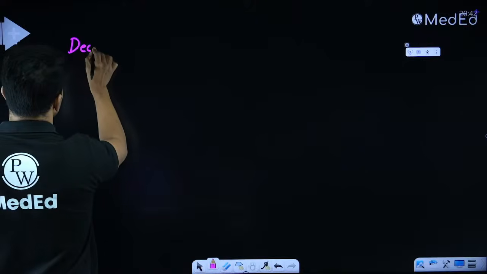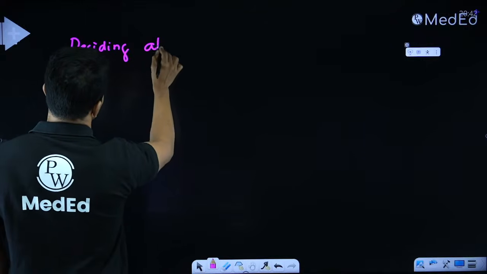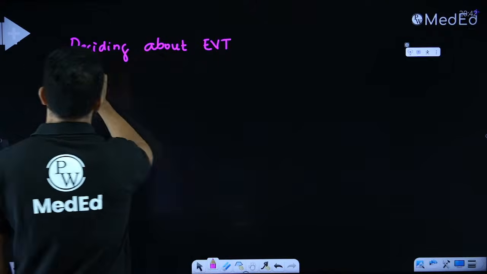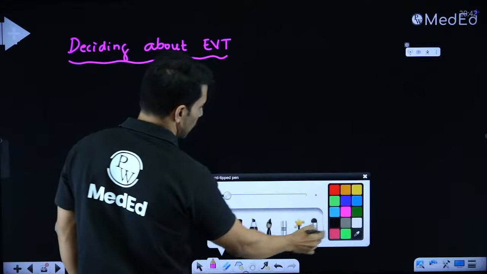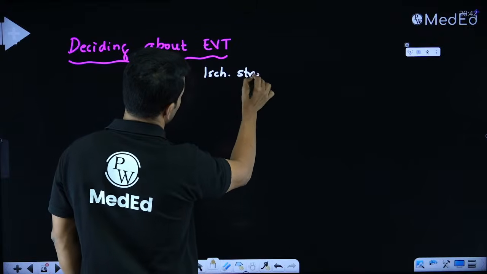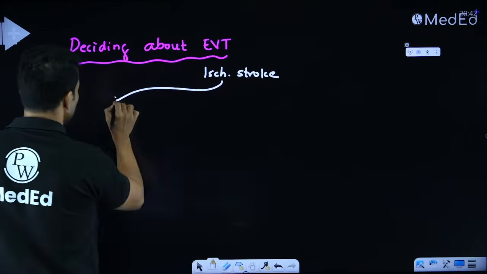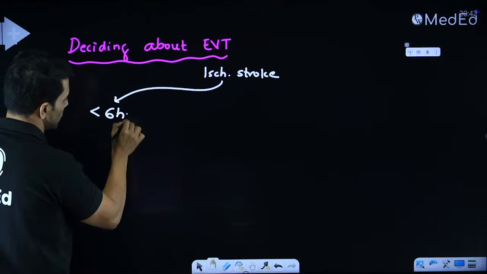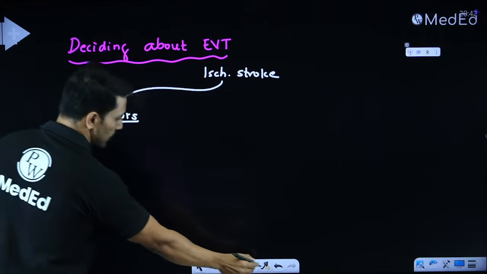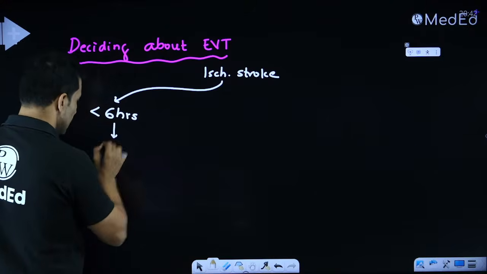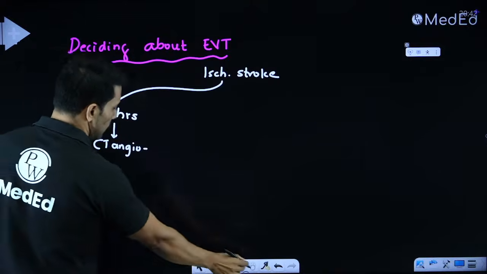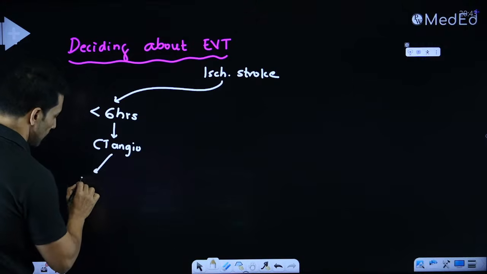Deciding about endovascular thrombectomy. So if it is an ischemic stroke, if they have presented within 6 hours, and CT angio shows large vessel occlusion.